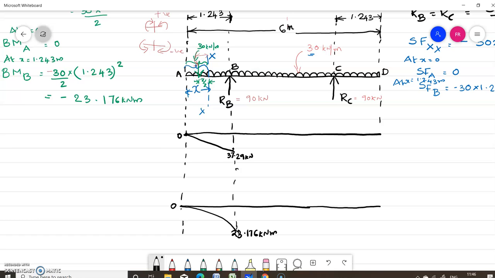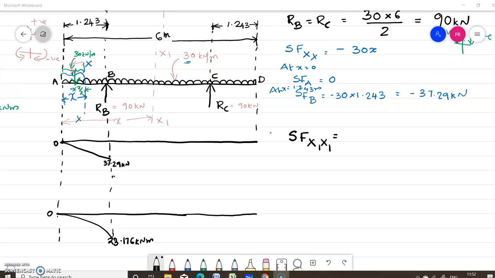Now let us consider another section line measuring x from A and considering all the left hand side forces. So we can write the equation for shear force at the section x1 at a distance small x from point A as what are the unbalanced vertical forces. So all the forces to the right of the section downwards is positive.